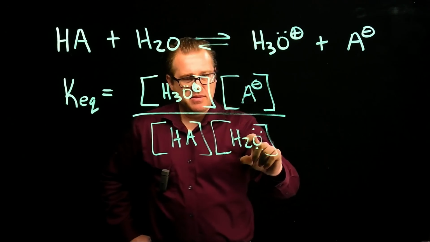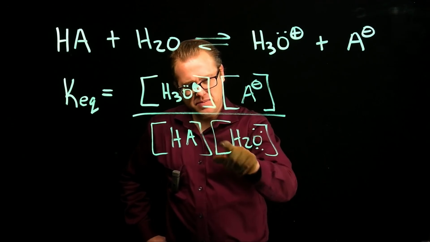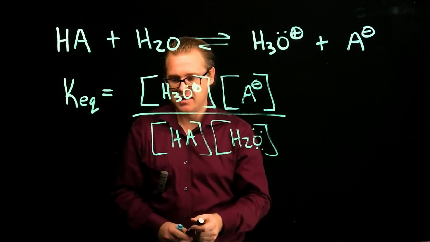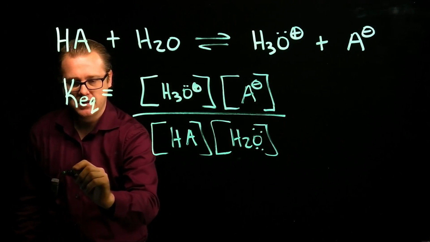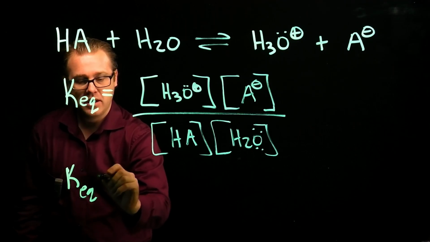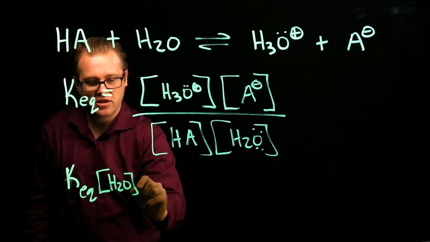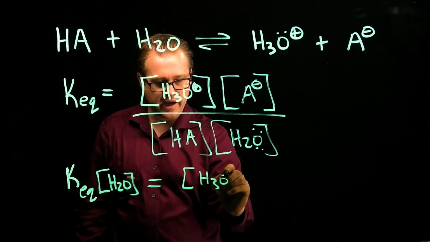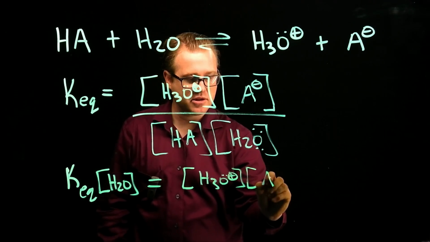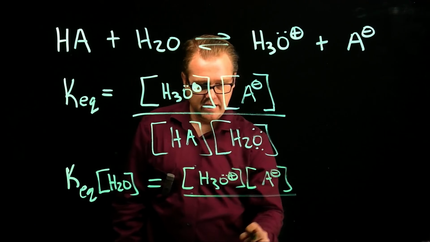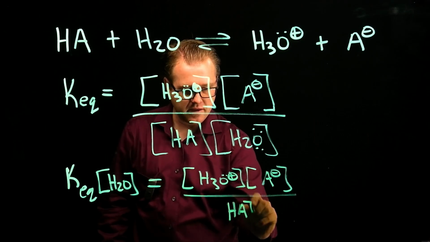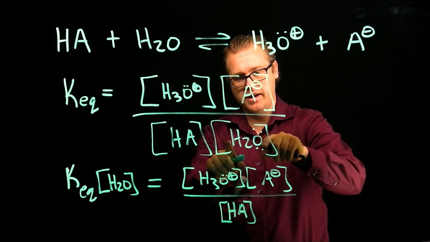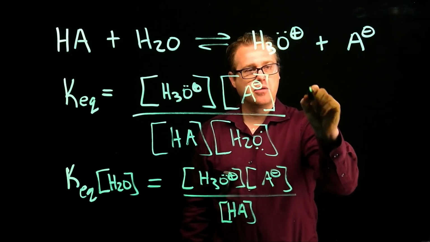So we can look at this mathematically and say, if this basically doesn't change, we can multiply it by both sides of the equation and get something that looks like this. So we could have the equilibrium constant multiplied by the concentration of water, and that's going to equal the concentration of the hydronium multiplied by the concentration of the conjugate base divided by the concentration of the acid. Okay? Do you see how I just took this term right here and multiplied it right here?